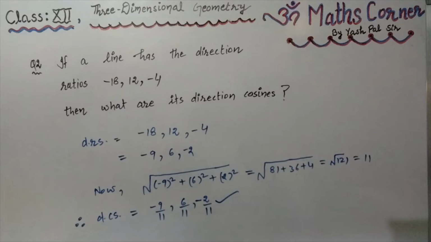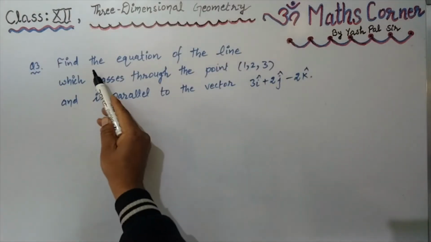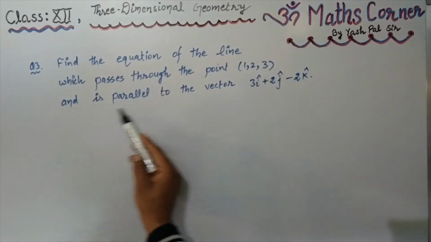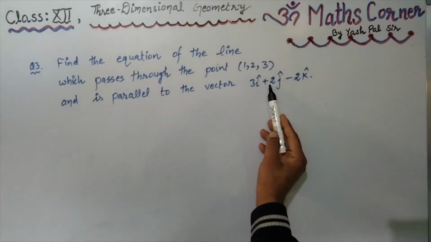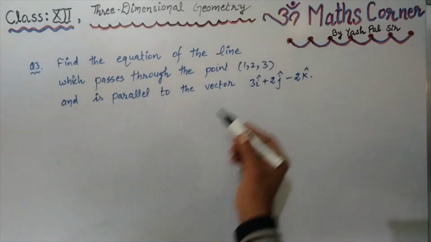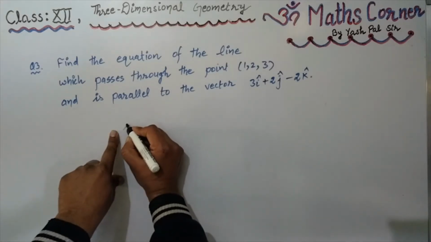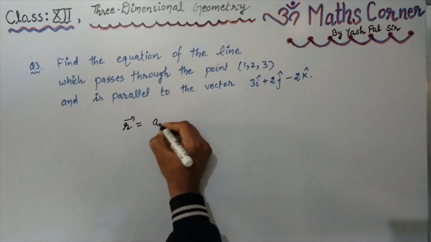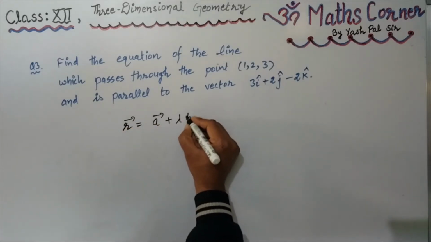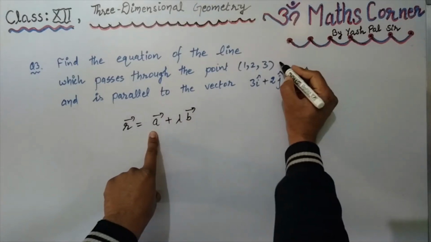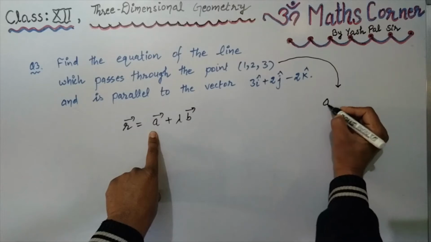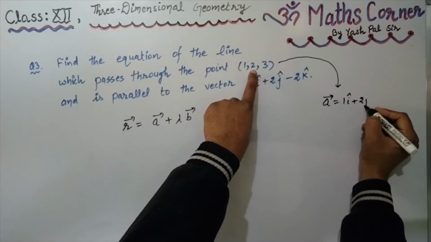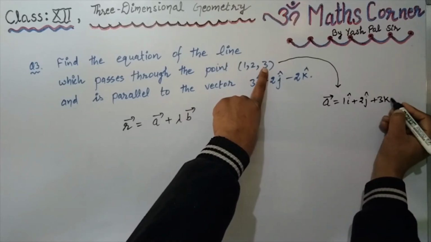Now next question, question number 3. Find the equation of the line which passes through the point 1, 2, 3 and is parallel to the vector 3i plus 2j minus 2k. Here the equation of the line is vector r equal to vector a plus lambda vector b. From here we get vector a equal to 1i plus 2j plus 3k.